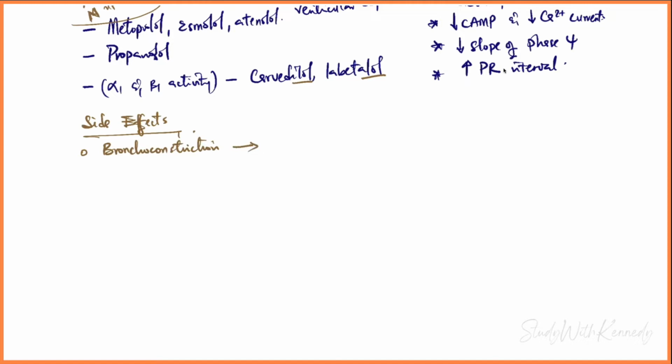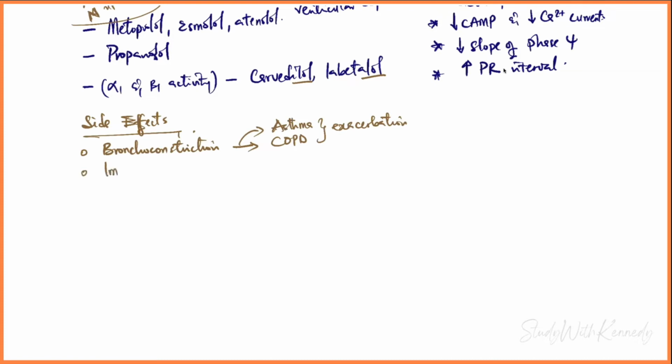The problem is if this bronchoconstriction is occurring in a patient with asthma or a patient with COPD, then we have a problem. So beta blockers, therefore, can cause asthma or COPD exacerbation. An asthma patient with bronchoconstriction is going to be in trouble. So we'll be careful with these medications in asthma patients.